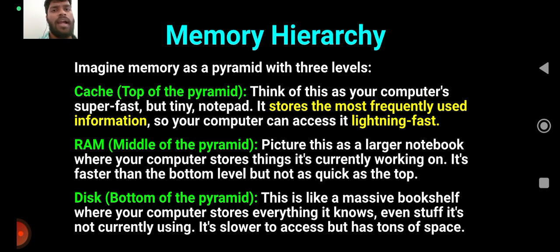Let us come to the disk, which is at the bottom of the pyramid. We can visualize it as a massive bookshelf where your computer stores everything it knows, even stuff it's not currently using. It's slower to access but has a ton of space.